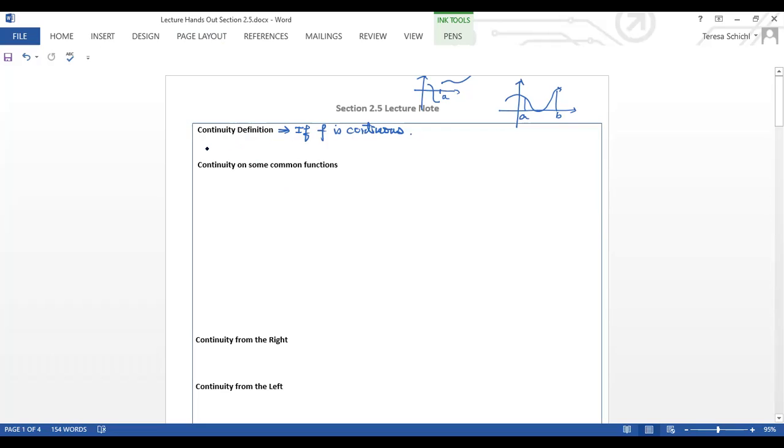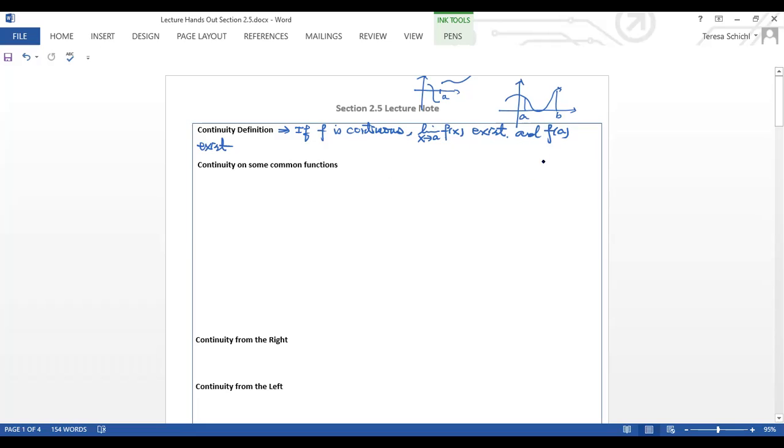The first condition is that the limit as x approaches a of f of x has to exist, and the function value has to exist. This is kind of a hierarchy. We first talk about limits. The limit exists as long as the right-hand approach equals the left-hand approach; if they are equal, then we say the limit exists.